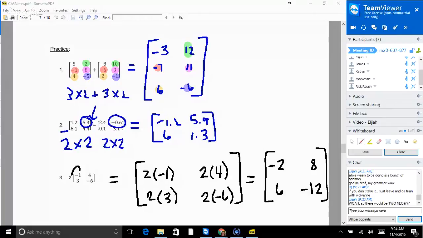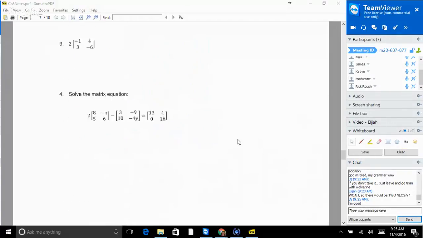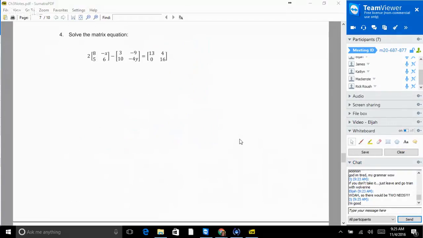Any questions so far? You guys feeling good? Not too bad. You guys ready for the challenge problem number 4? All right, so number 4 on your paper says solve the matrix equation.